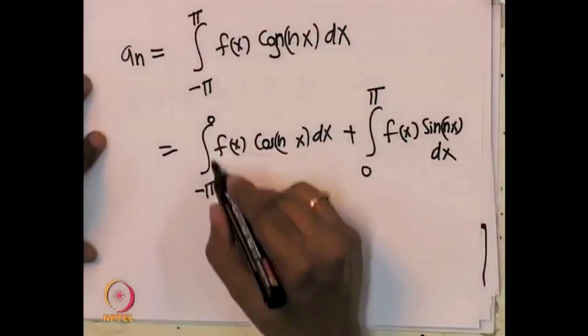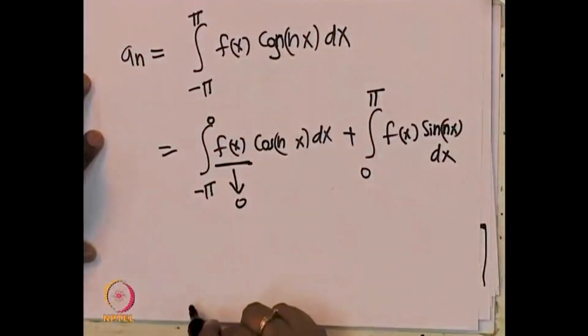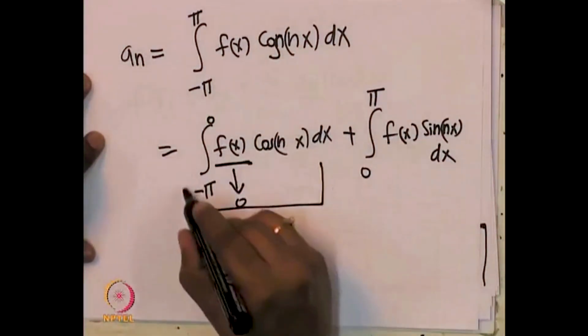Between minus pi and 0, we know that f of x is 0, so this whole term becomes 0.